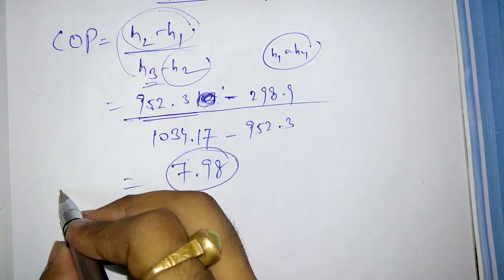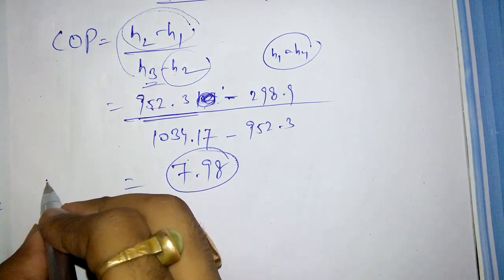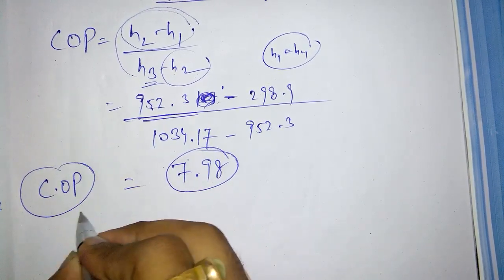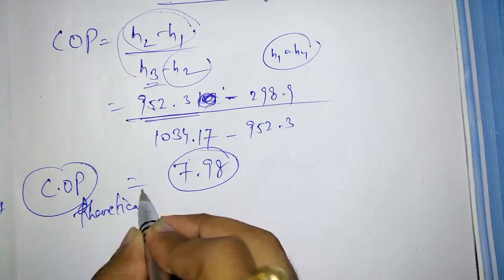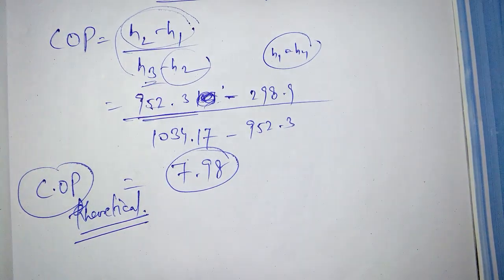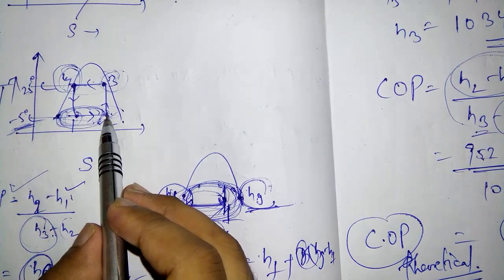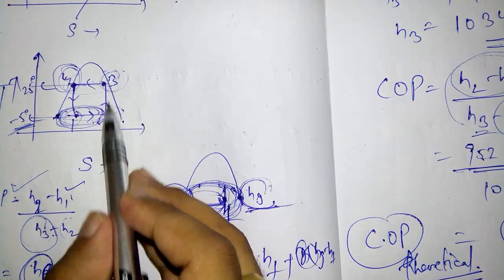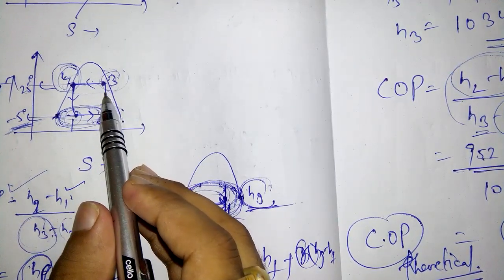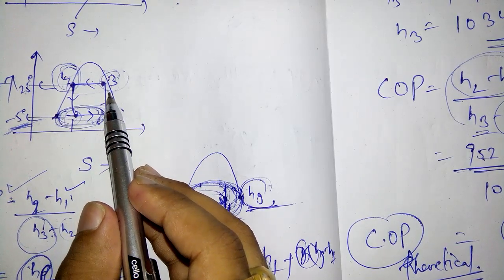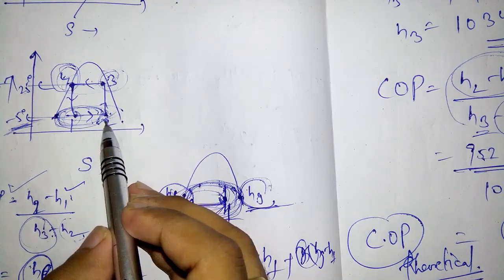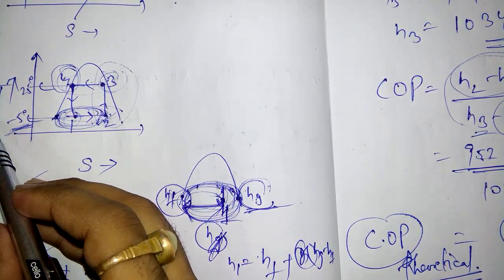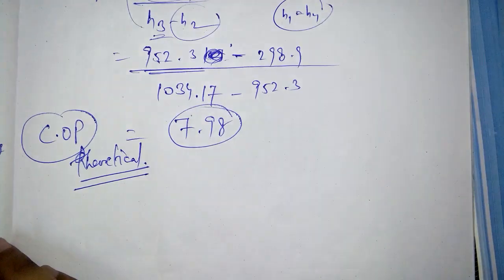This is the COP, but remember, this is the theoretical COP, not practical. Why not practical? Because we have considered isentropic compression. Is isentropic compression ever possible? Entropy is never constant; entropy always increases, but we have considered it constant.